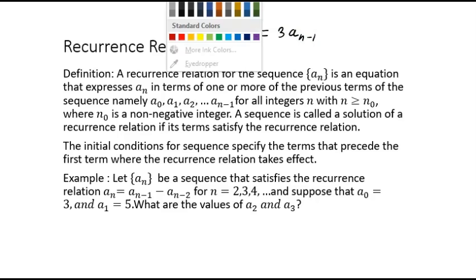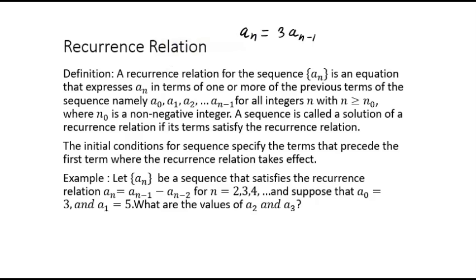Now if you look at this expression, what is special about it? Here I also specify that n is greater than or equal to 1, right? And I also write a_0 is equal to, suppose I say, 1000, right?